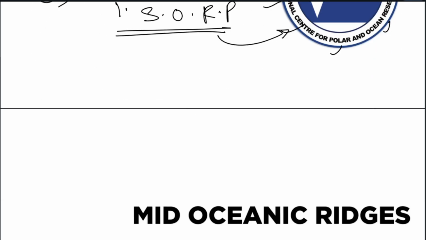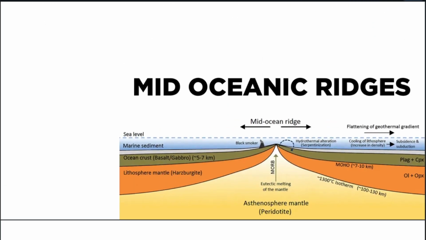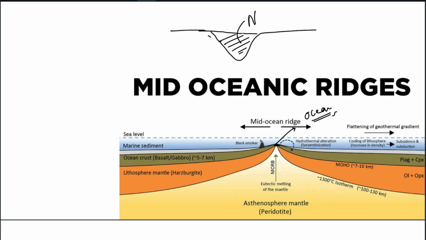First of all, let us understand these mid-oceanic ridges. You can see that there is a difference of temperature here because of the difference in the oceanic shelf. These are sort of like valleys, and there is a difference in the temperature, the structure, and the water's nature here.